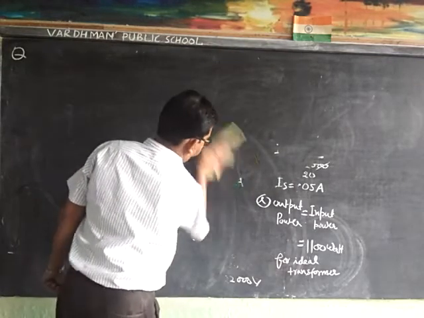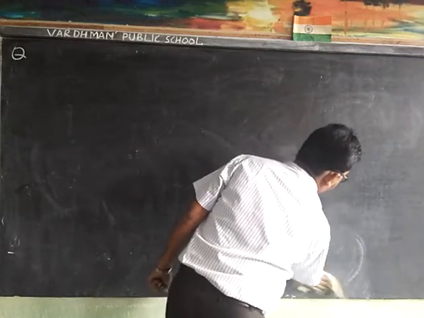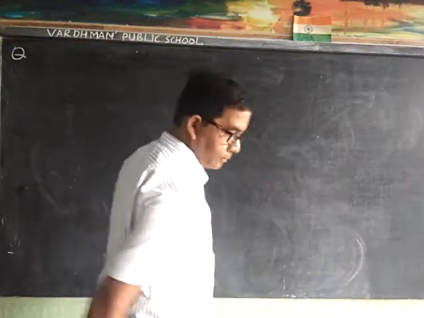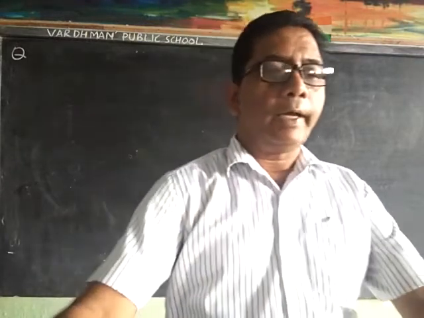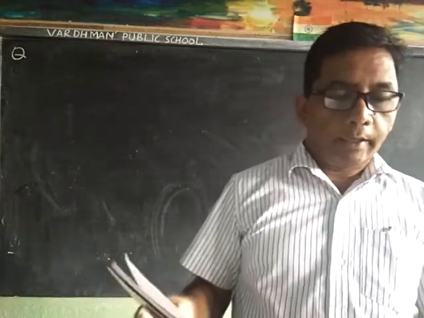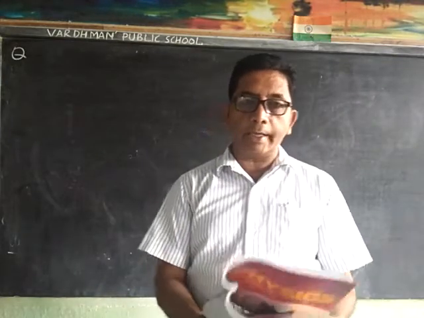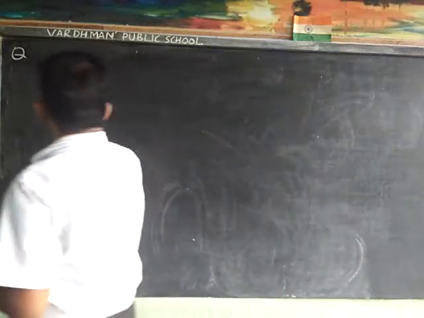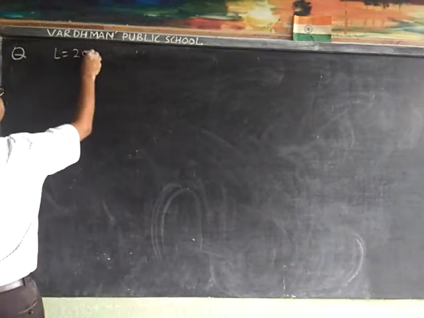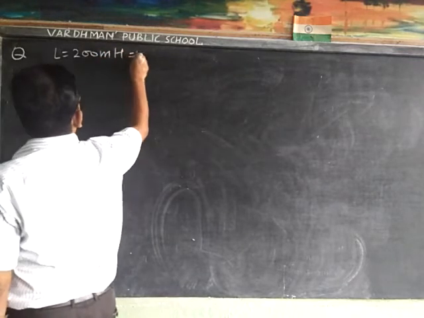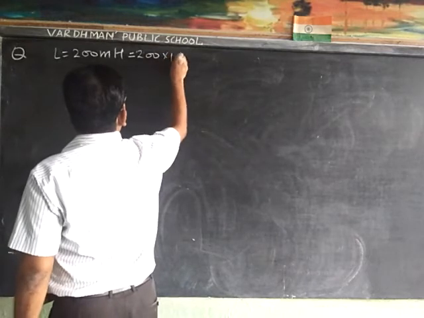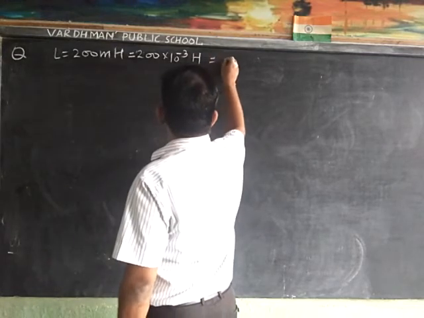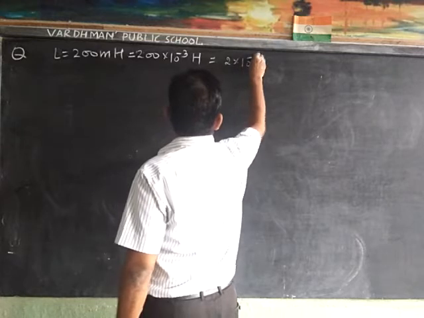Our next numerical: an inductor of inductance L is equal to 200 millihenry, that is 200 into 10 power minus 3 Henry, that is 2 into 10 power minus 1 Henry.